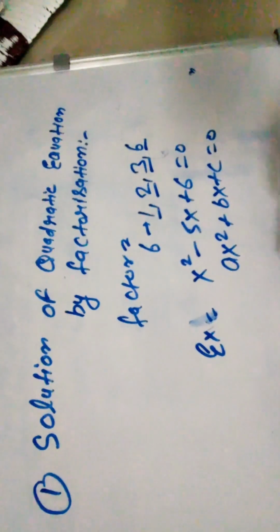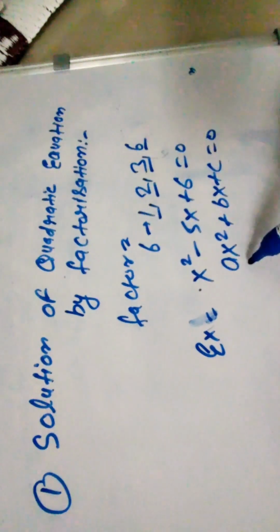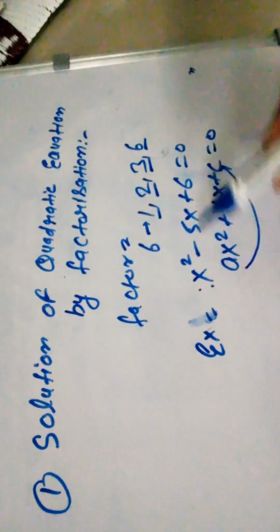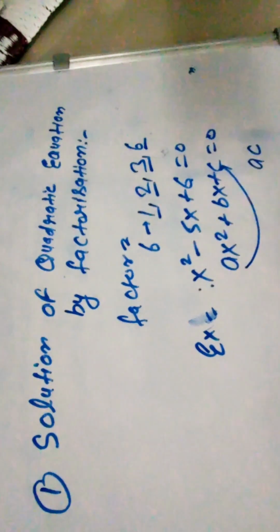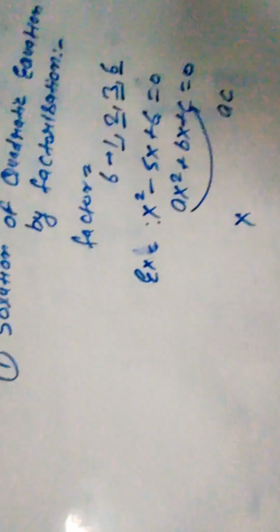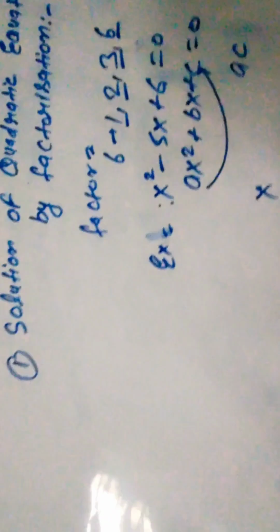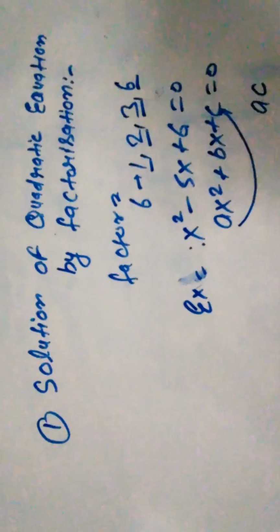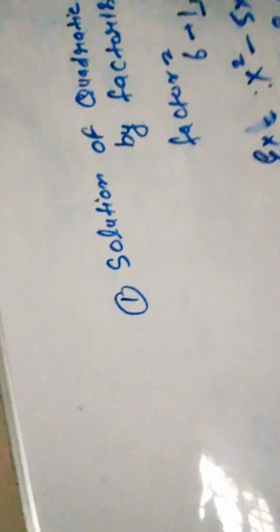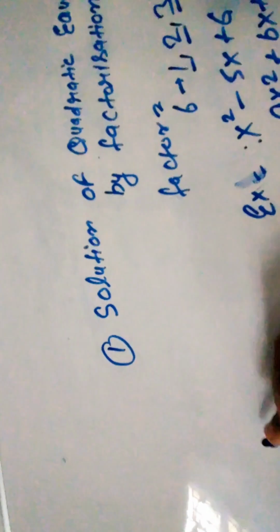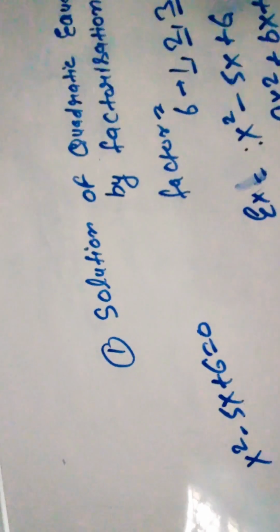Then how do we find it? First the first term a and the last term c, you multiply a and c. Here x square minus 5x plus 6 equals 0.